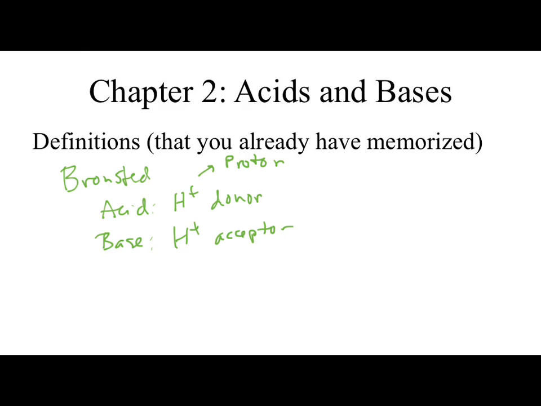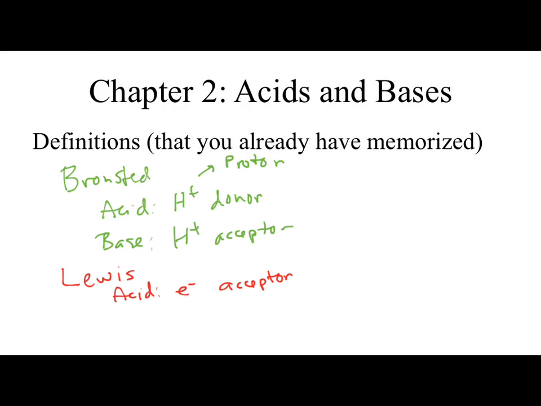As we said at the beginning of the semester, that definition is very narrow. So what another chemist came along and did is broadened it and said, you know what, let's not look at hydrogen ions, let's look at the electrons. So Lewis came along and said an acid is an electron acceptor. Okay, well, if we compare this back to Bronsted's definition, we said a Bronsted acid was a proton donor.